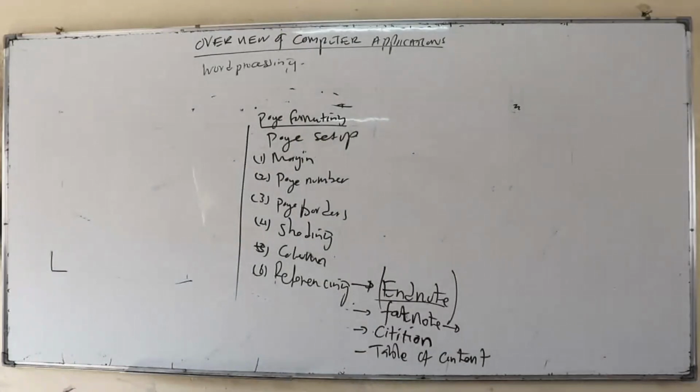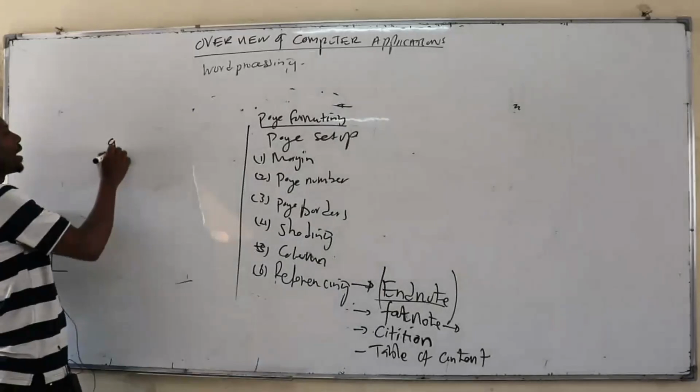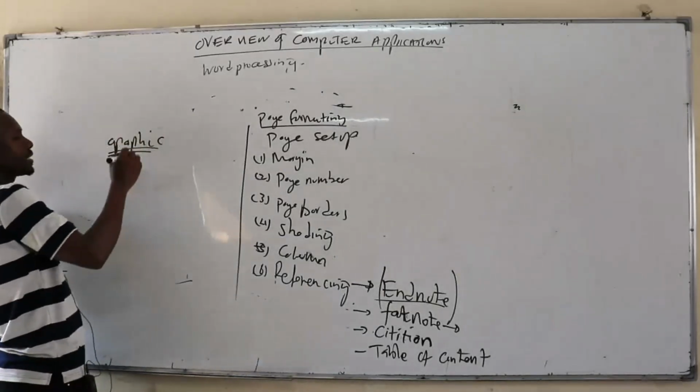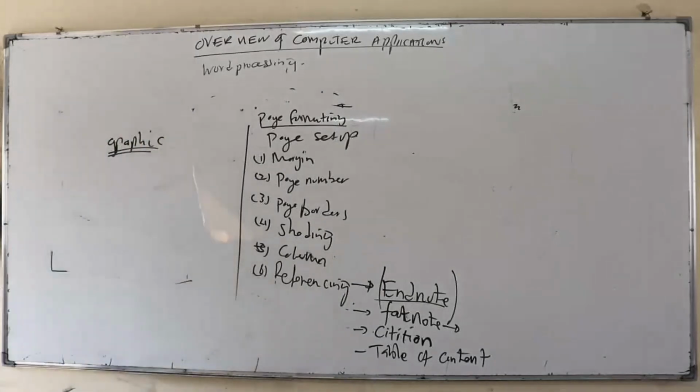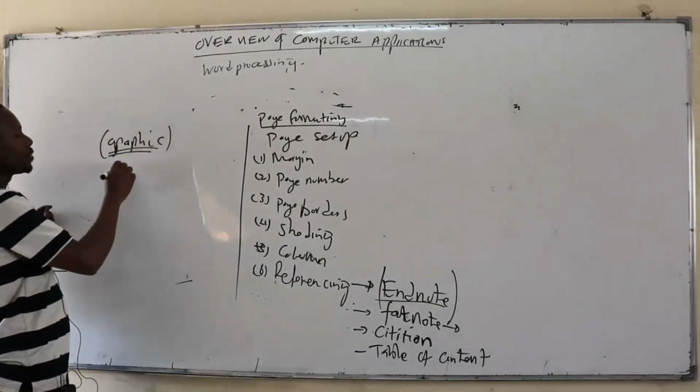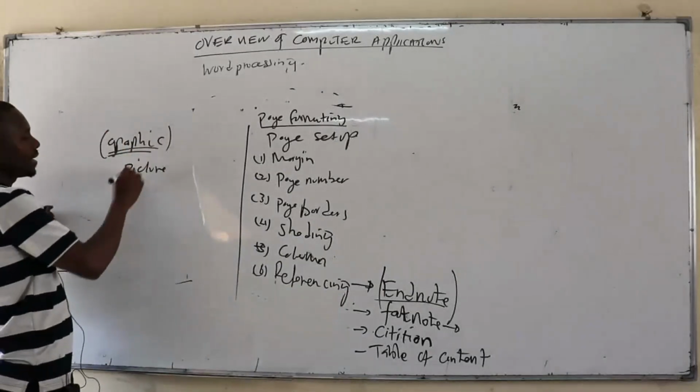So the last feature of a word processor is graphic features. Graphics. You know, word processing is not only text, it also involves graphics. Illustrations, the use of graphics. That is pictures, diagrams.